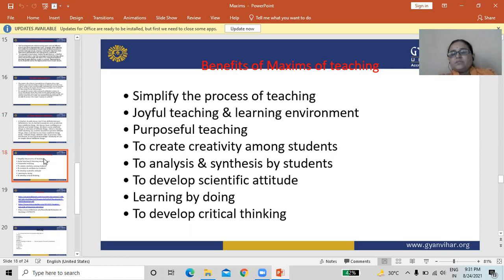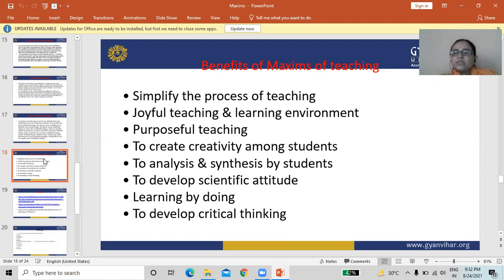To creativity among the students. To analysis and synthesis by the students. To develop scientific attitude in the student. Learning by doing. To develop critical thinking in the student.